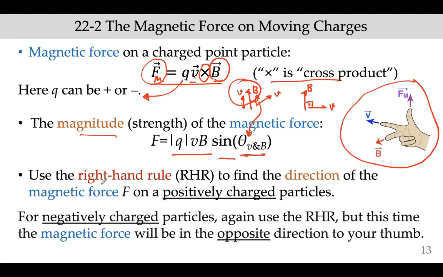So we talked about how to find the direction of the force. You use the right-hand rule to find the direction of the magnetic force on a positively charged particle. And again, if you have a negatively charged particle, use the right-hand rule, but whatever you find as the direction of the force, just take the inverse direction, and that would be the correct one for a negatively charged particle.